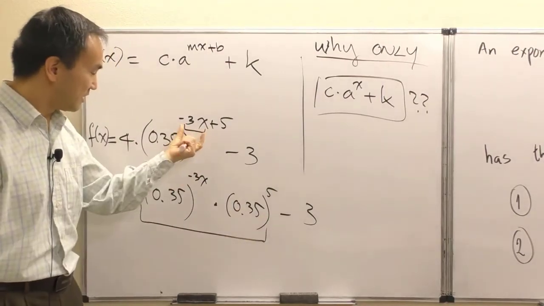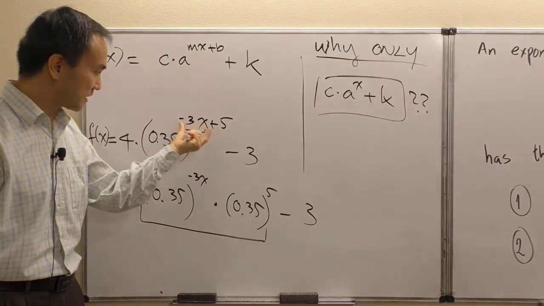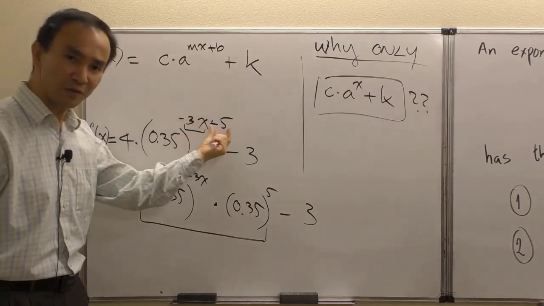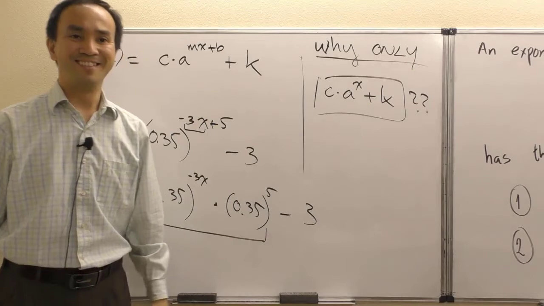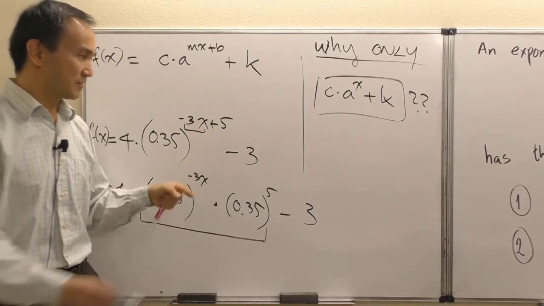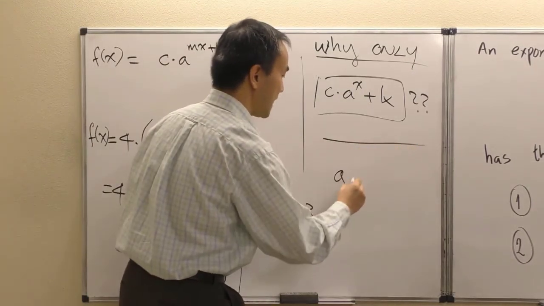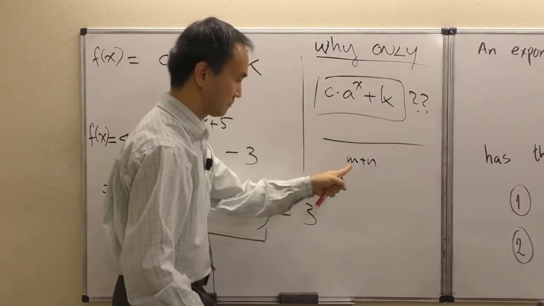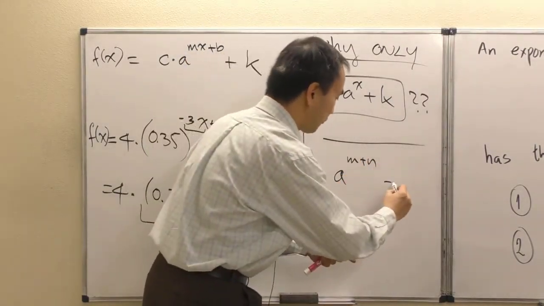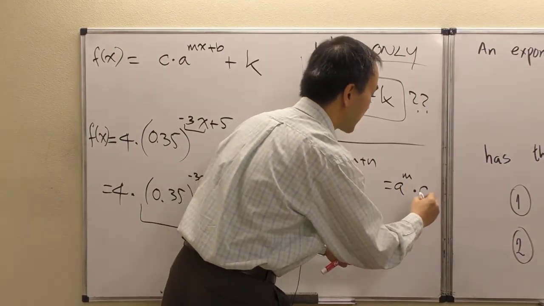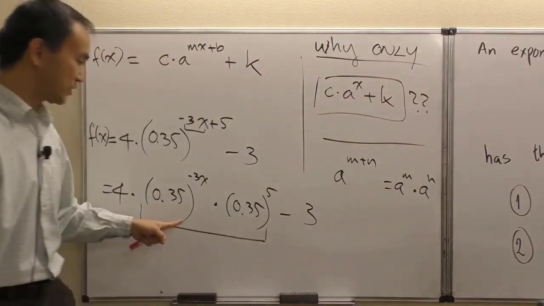Think of the two terms here, the minus 3x plus 5, as an addition of 2 separate powers. Recall from your property that a to the m plus n, a to a power being a sum of 2 other numbers, we can write it as a to the m times a to the n. That's what I just did.